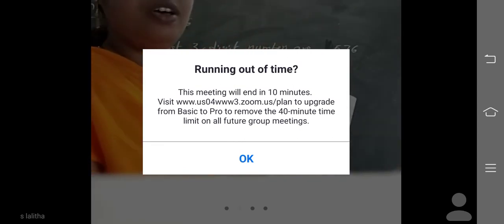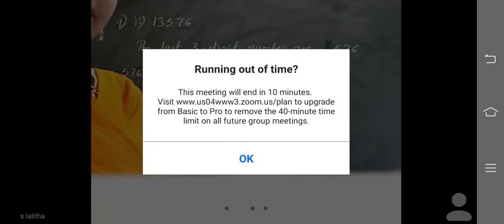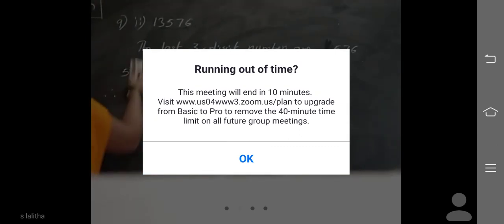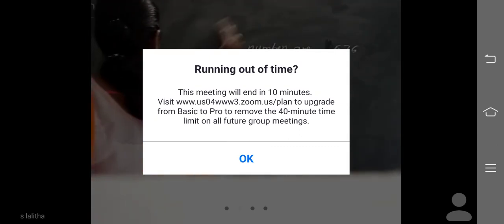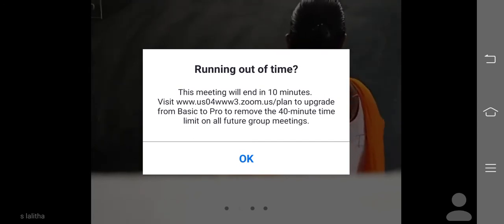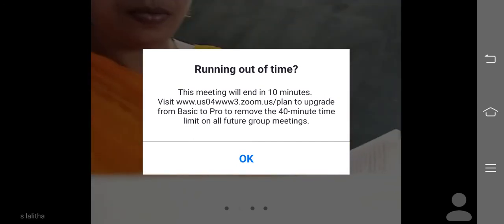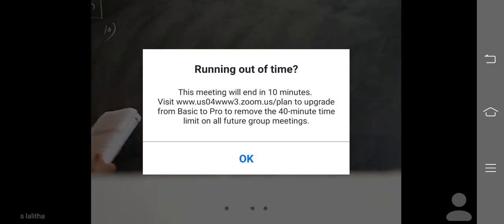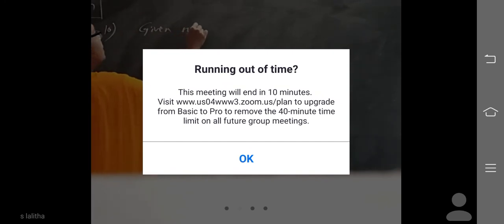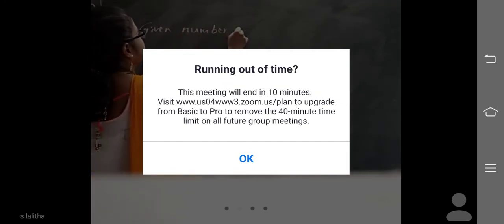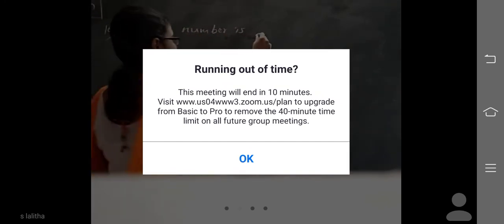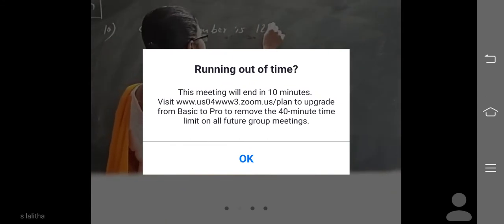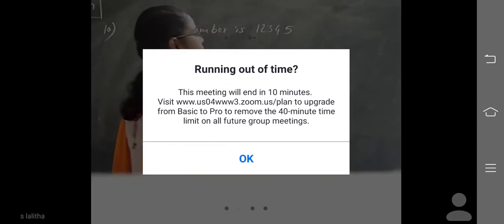How to check it? The given number is 12,345. What is the nearest number divisible by 4?